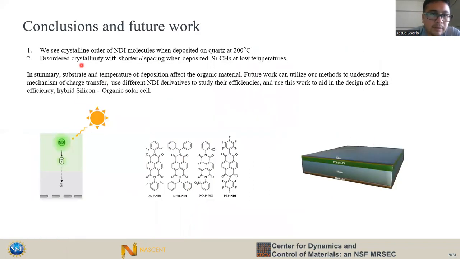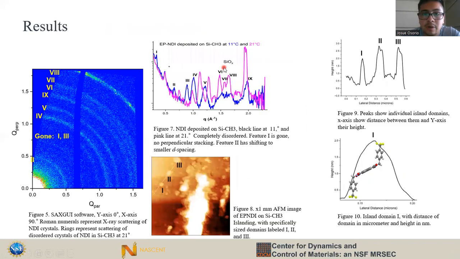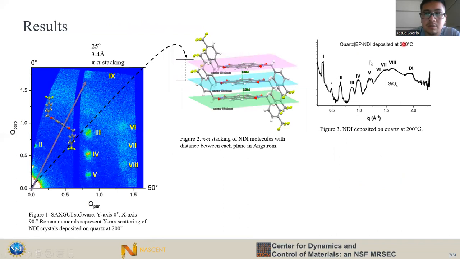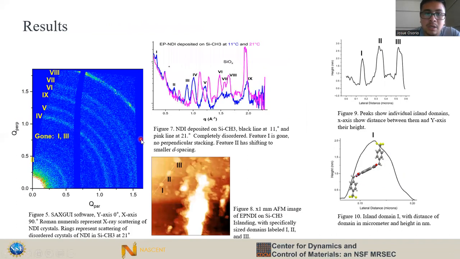Now, what are the conclusions of this work? Well, we see crystalline order of NDI when deposited on quartz at high temperatures, right here, quartz at 200 degrees Celsius. And we see disorder when we deposit NDI on silicon, in this case methylated silicon, at 11 degrees and 21 degrees.